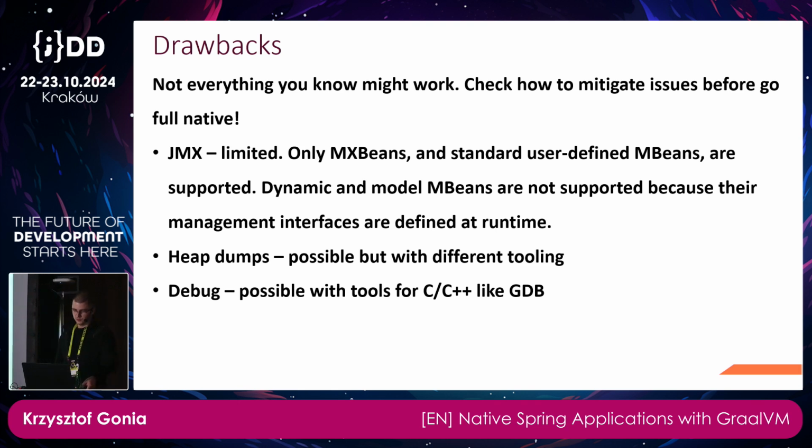But I assume you don't debug on production, so usually it's not needed. On your local machine you can debug it as Java code, but if you want to debug the built image, you need to use tools like GDB.